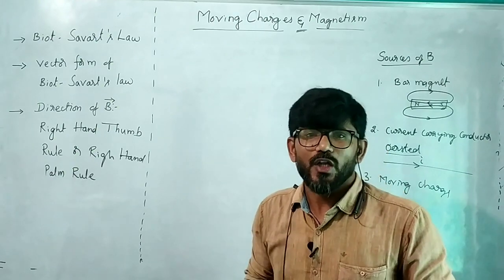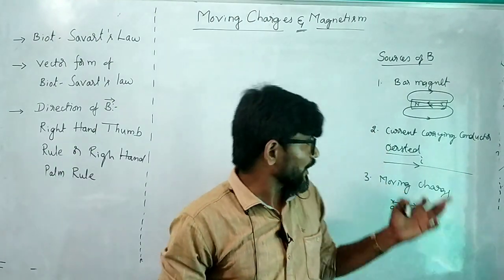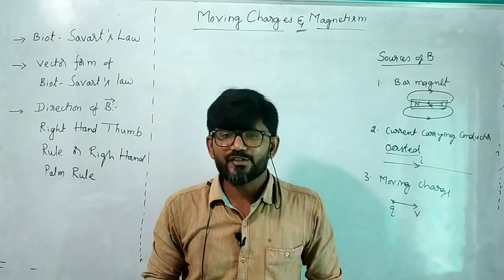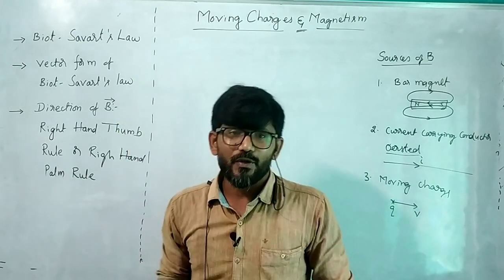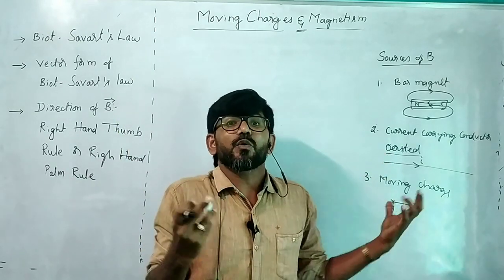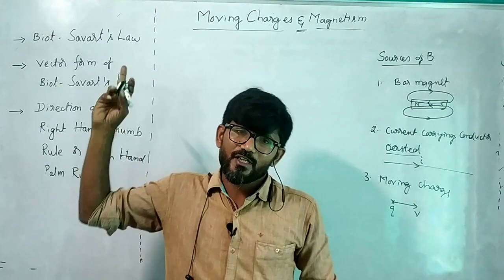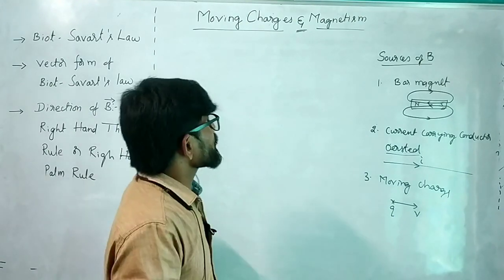It is an experimental law, and it is called Biot-Savart's law. For calculation of the magnetic field produced by a current carrying conductor, as already discussed, we can use Biot-Savart's law or Ampere's law. First we will see Biot-Savart's law, and how to calculate the amount and direction of the magnetic field using it. Right? Let us start.